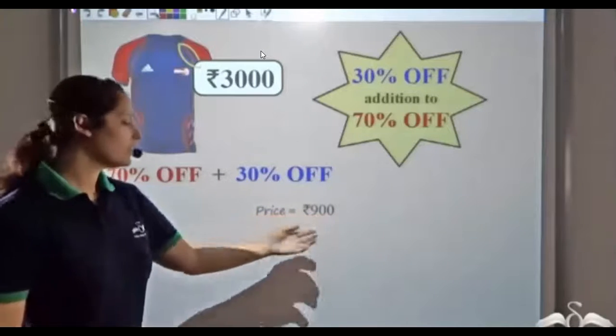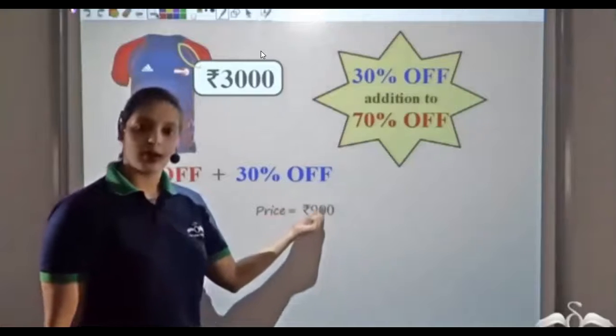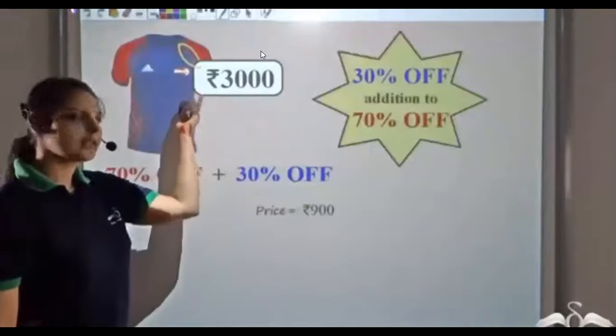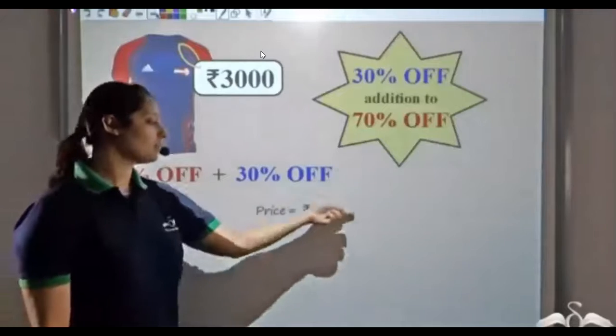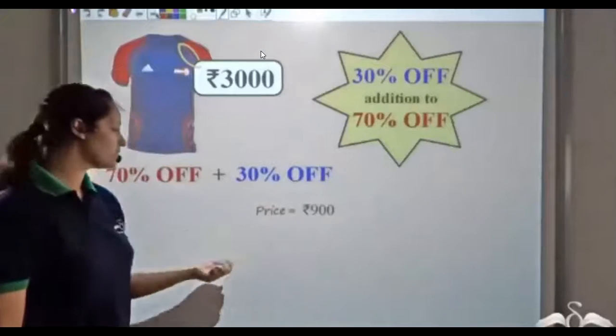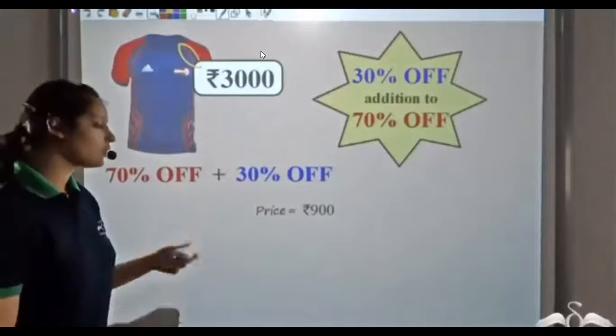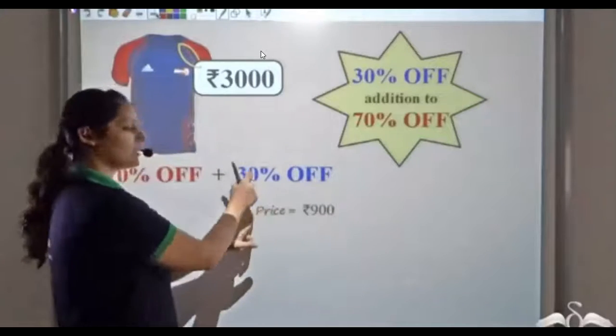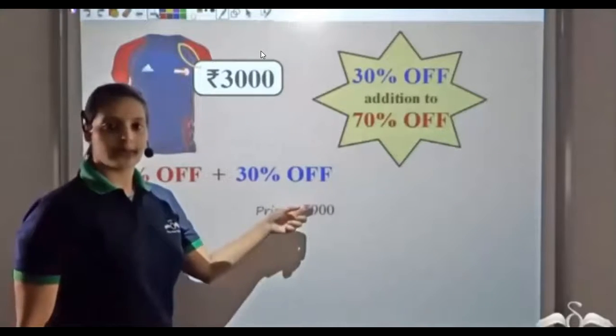And how do you find it? Now you consider this as your marked price. The t-shirt that was for 3,000 has now already been given to you for 900 rupees after this 70% discount. So now you consider this as your marked price and you get 30% off on this marked price.